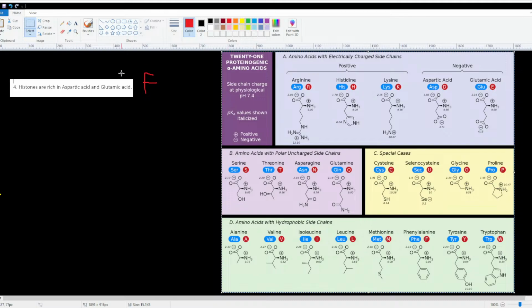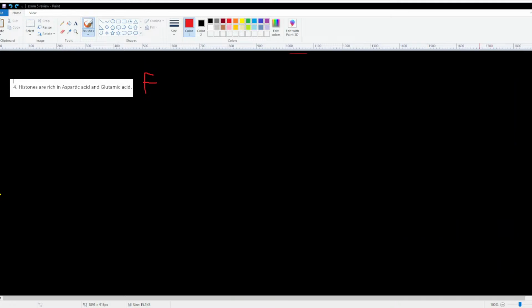Well, this is 21 because this has the addition of selenocysteine. In any case, let's look at our amino acids. So here we have the positively charged side groups and the negatively charged side groups. These will look kind of confusing, actually. I think I'm going to try and find a different one. Okay, yeah, this is much better.